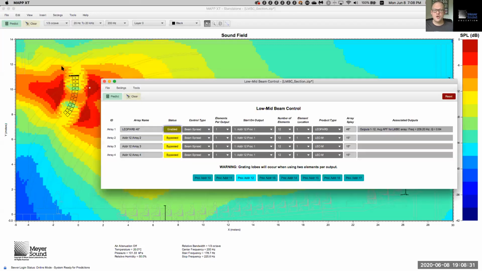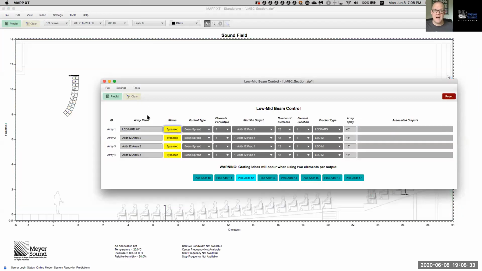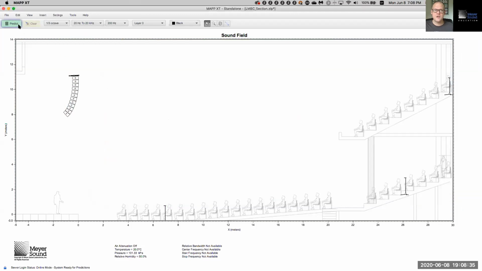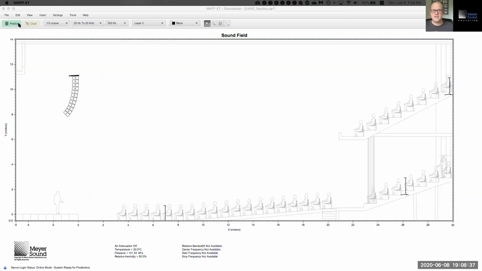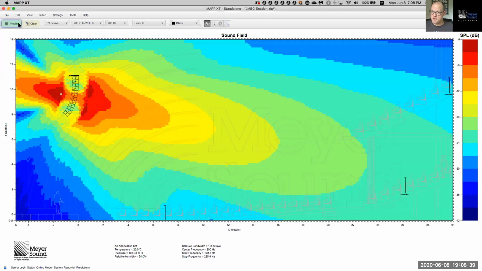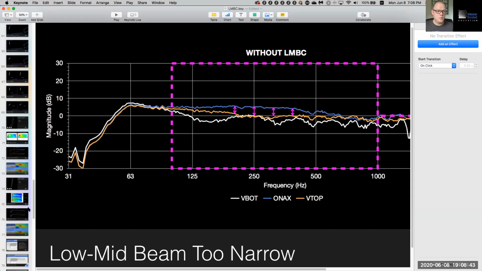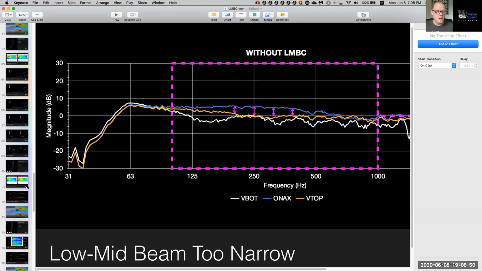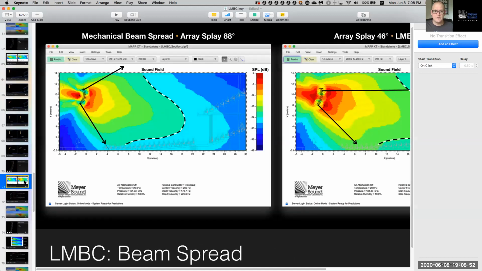Whereas if we turn off the LMBC by putting it in bypass and do another prediction, this was a departure point, this is without LMBC. Notice the difference? In order to make you appreciate this more, why don't we put those two side by side and look at them in our keynote presentation.